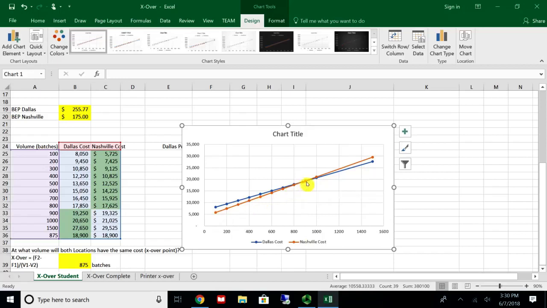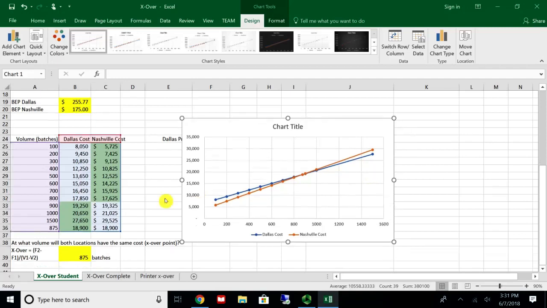Looks correct. And then all of a sudden at some point, the lines flip, they cross over, and Dallas becomes the low cost. And if I zoomed in there, I could see that where they cross over is at that point, 875. So I'd clean this graph up, put some titles on the x-axis and the y-axis and the chart title, make everything look pretty. But the graph tells me exactly what the table told me.